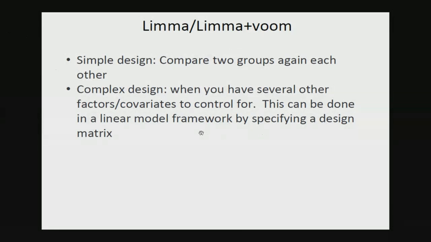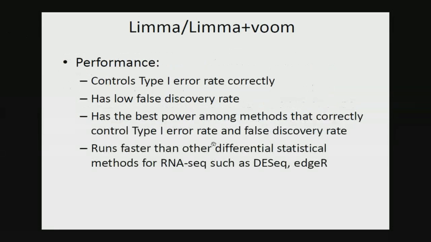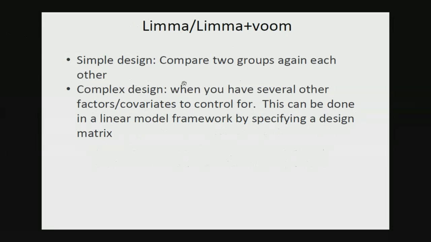You do need to know a bit about the linear model to specify the design matrix in order to use Limma. But for a two-group design, it's very simple, and Limma will generate this design matrix for you. Okay? And we will demonstrate this in our lab session.